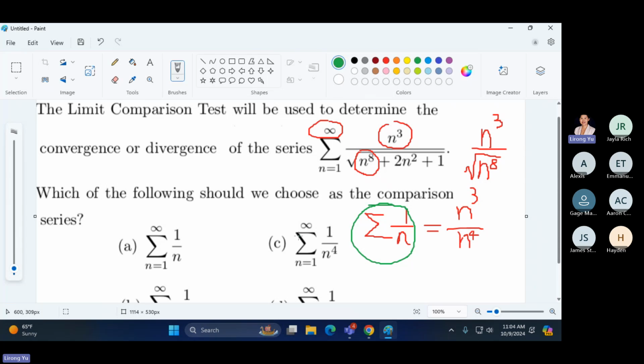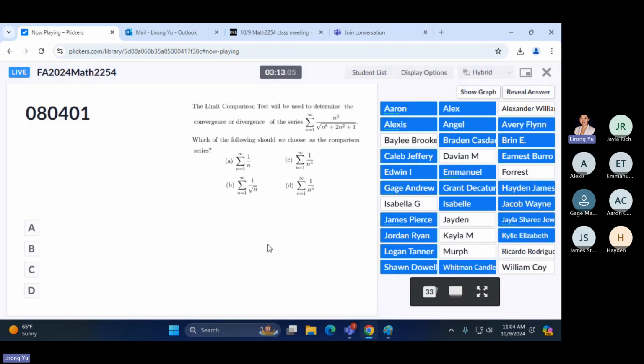That's really about trying to figure out something to compare it to. We focus on the highest power because this has power functions essentially in the numerator and in the denominator. After we analyze it, we see which one it is compared to.